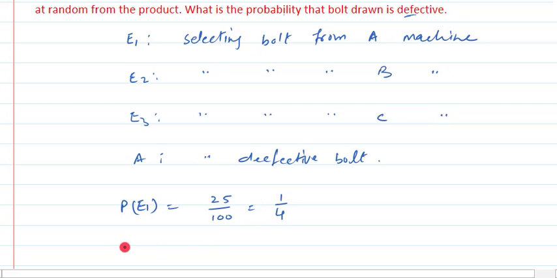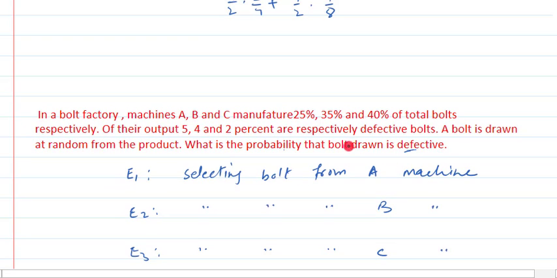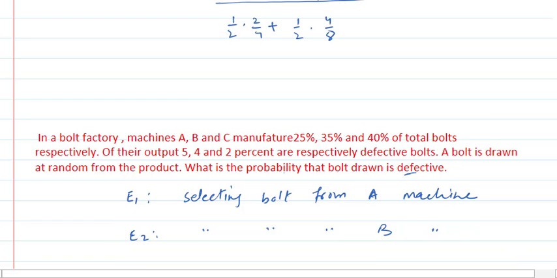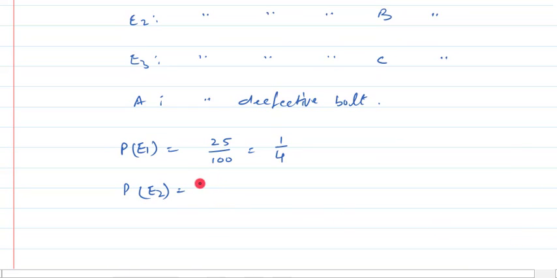Similarly, PE2: machine B is producing 35% of bolts, so the selection of a bolt from machine B is 35 upon 100, and PE3 is 40 upon 100, because C machine is manufacturing 40% of bolts.